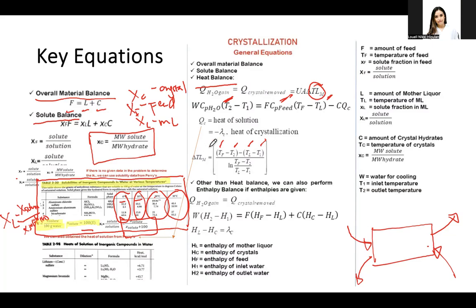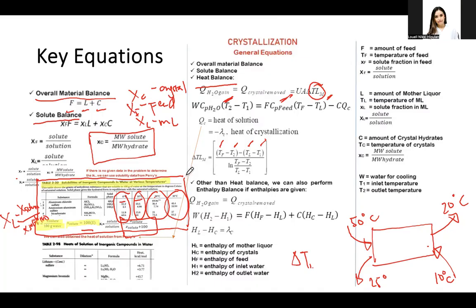So, your feed, let's say is at 50 degrees Celsius. The outlet temperature, it has cooled down to 20 degrees Celsius. The inlet of your heat exchanger, this is counterflow, is 10 degrees Celsius. The outlet of the heat exchanger is 25 degrees Celsius. So, you're going to find the LMTD, or the log mean temperature.